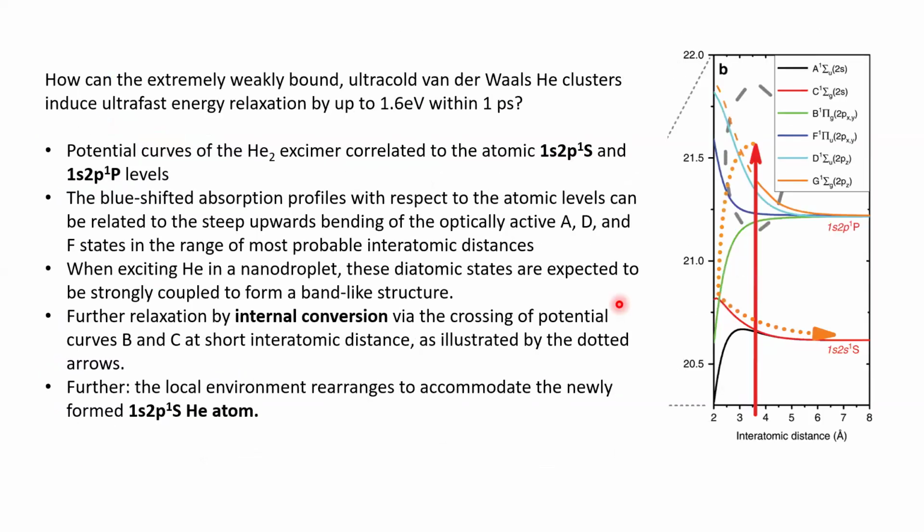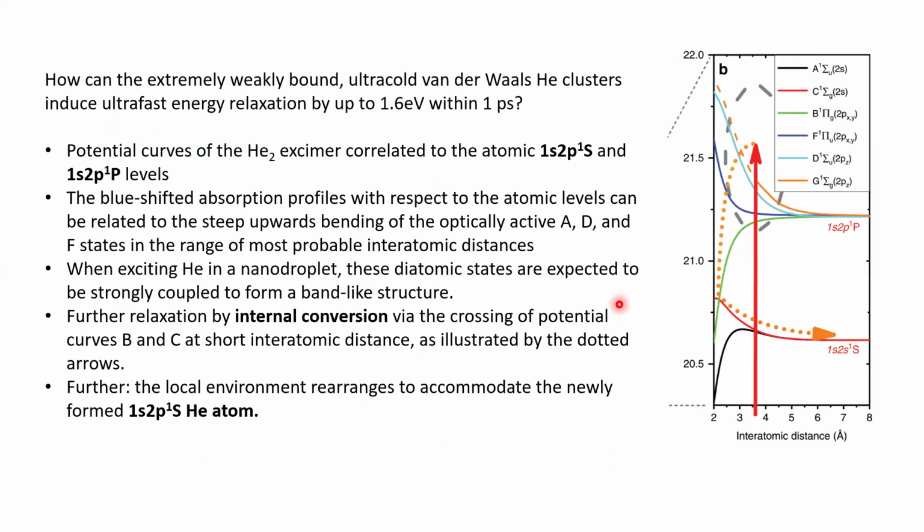Can you go to the next one? Yeah. So now the question arises: how can the extremely weakly bound ultra cold van der Waals helium clusters induce ultra fast energy relaxation by up to 1.6 electron volt within 1 picosecond? The answer lies in the potential curves of the helium excimer correlated to the 1s2s and 1s2p orbitals.